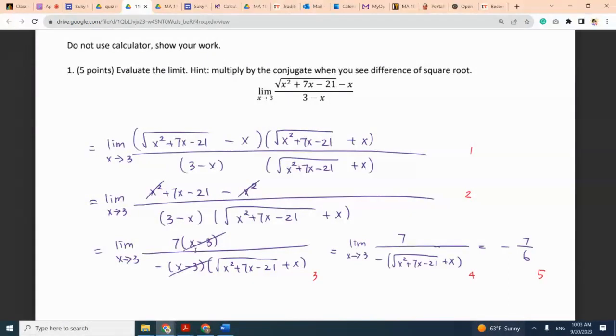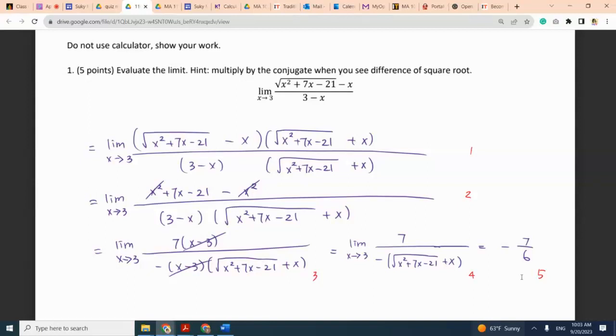And you know 3 minus x and x minus 3, you can swap one of them, but you have a minus sign in front of it. Right, everybody? And then this is the bad guy. We cancel the bad guy, and then we plug in the 3 again. We get minus 7 over 6. So that is the first problem.